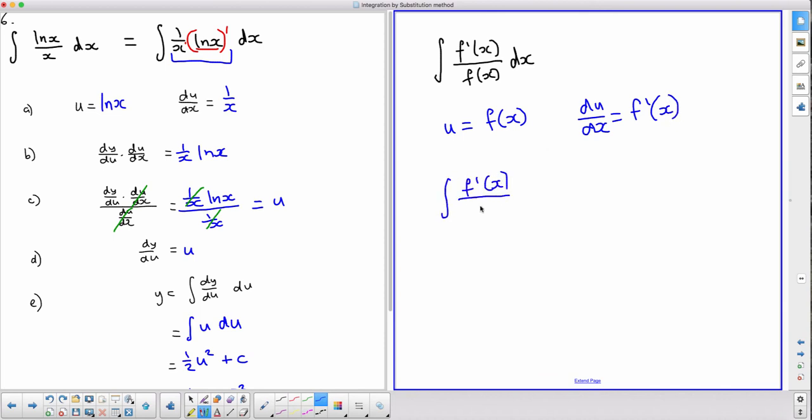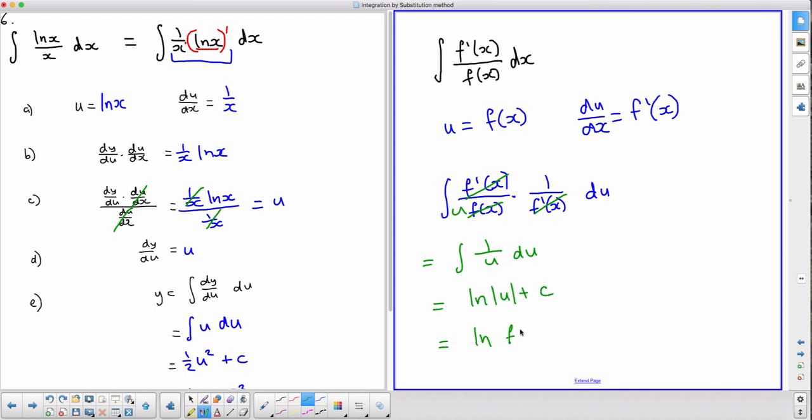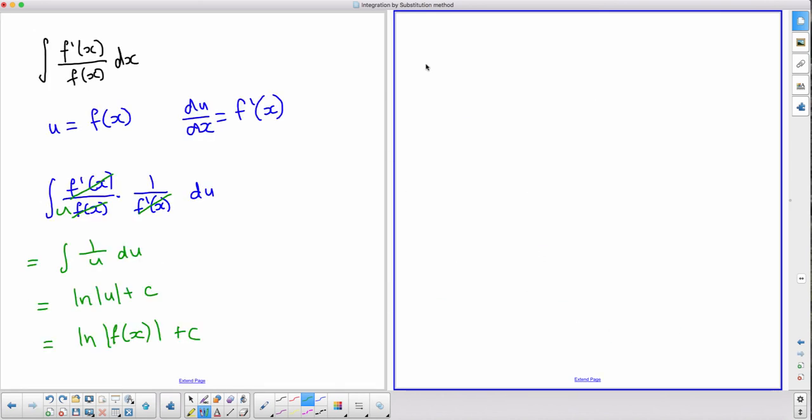And then when we take our integrand and divide it by du by dx, we find that we cancel top and bottom, and the bottom is just a function of u, and that's what we're left with in general. And so we can say ln absolute value f of x plus c. It just generalizes the process of example 5 for tan x.